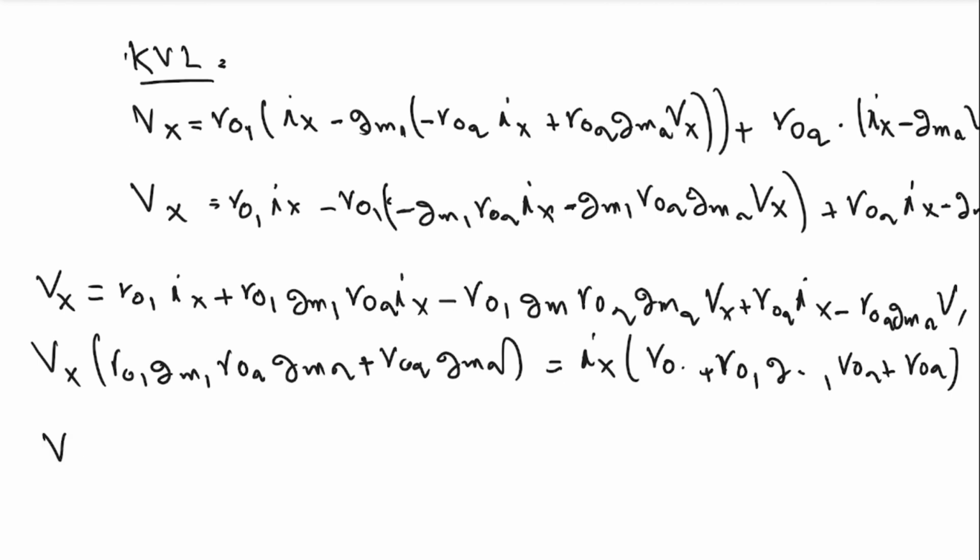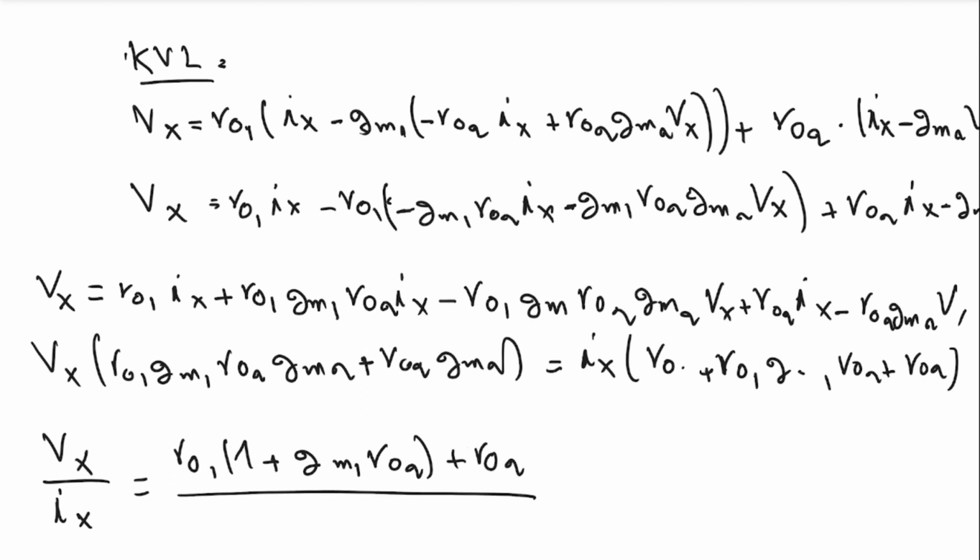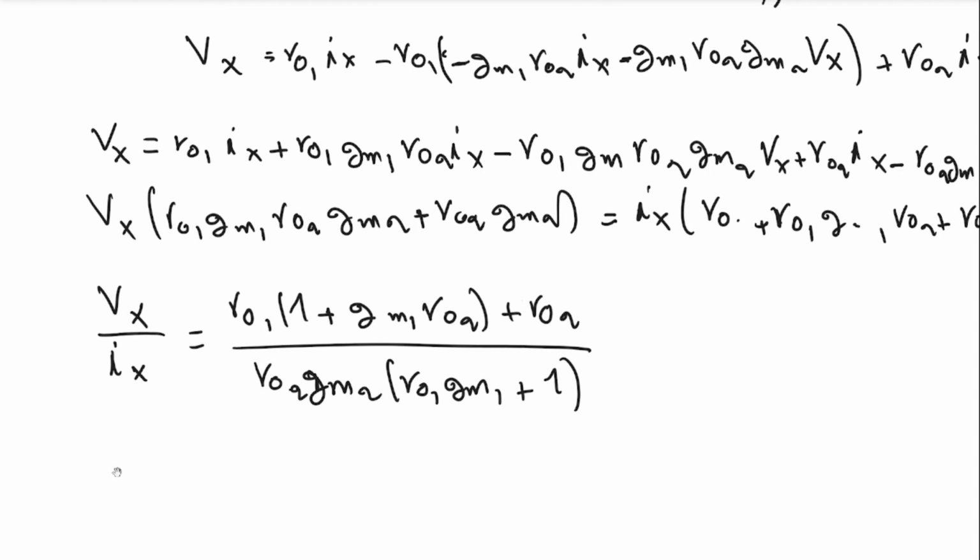So Vx over Ix is (ro1 (1 plus gm1 ro2) plus ro2) over (gm2 ro2 (gm1 ro1 plus 1) plus 1).